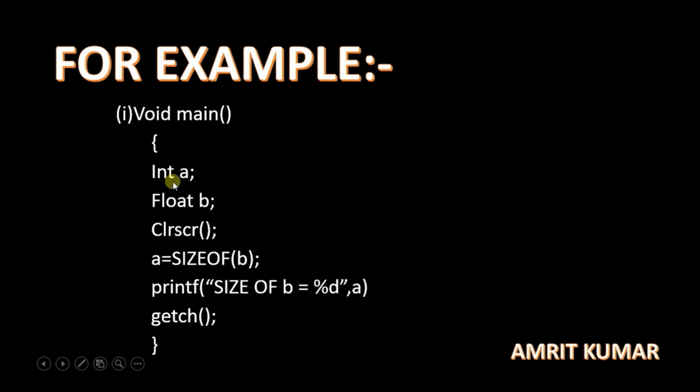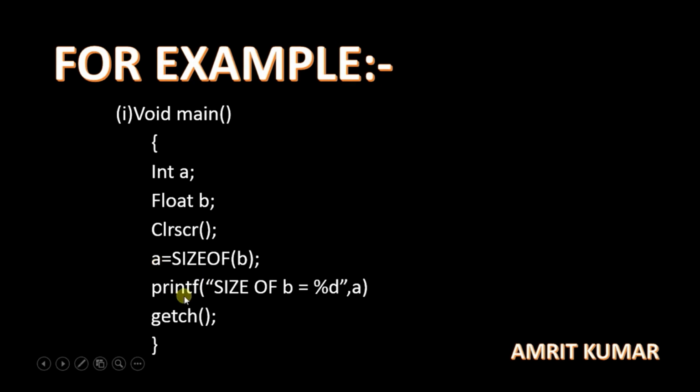So a is going to store only an integer value, b is going to store only a float value. After that I have used the clrscr function whose work is to clear the screen. It is a predefined function in the C language. After that I have used the variable a equal to sizeof b. So the size of b, a float, is assigned to variable a.